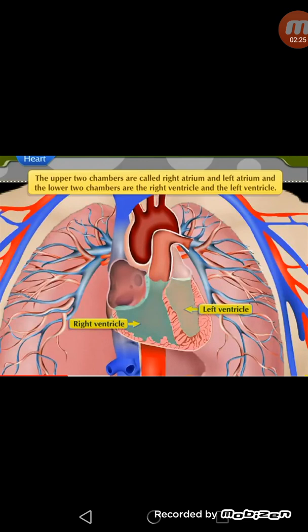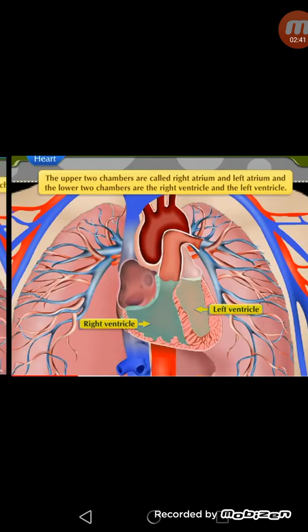So in short, we can say a human heart is divided into four parts. The upper two parts are called right atrium, or also right auricle, and left auricle. Atrium and auricle are the same term, and the lower two chambers are called right ventricle and left ventricle.